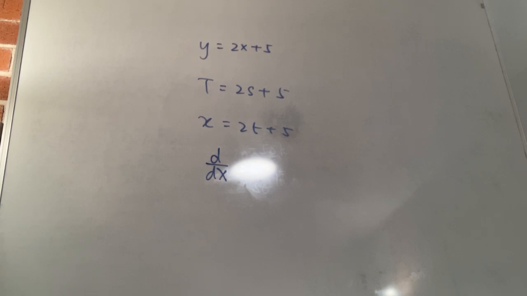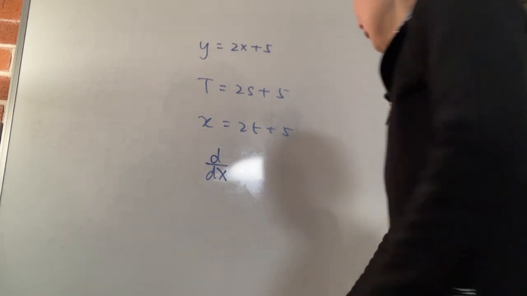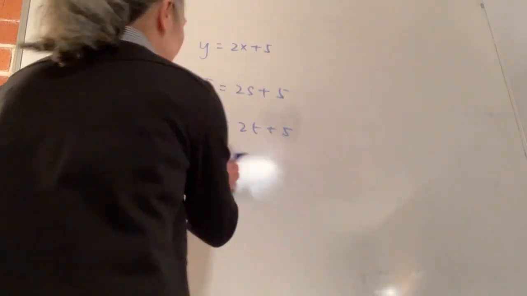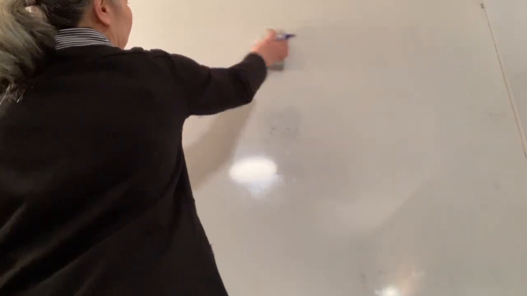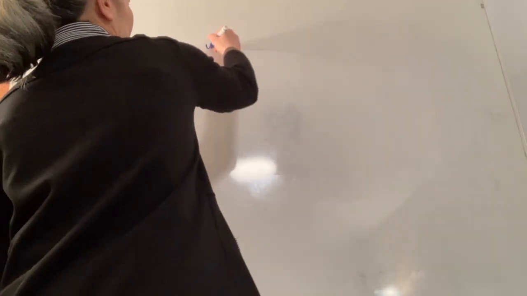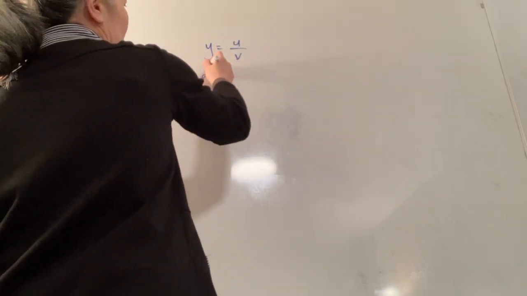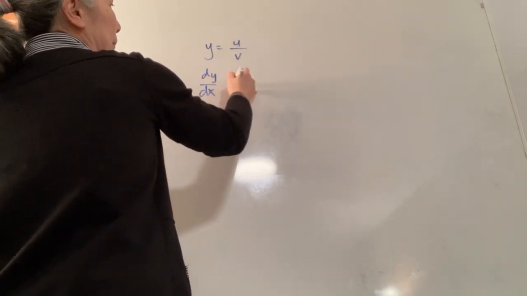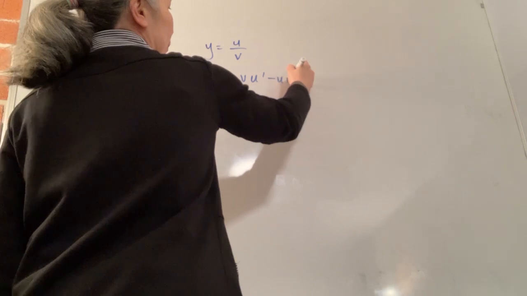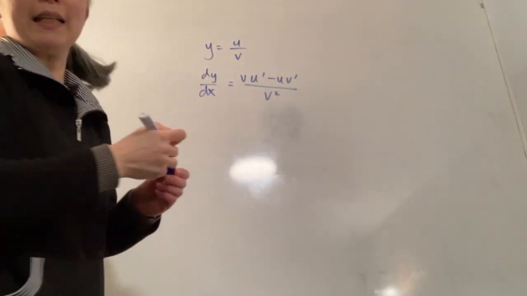And that's next. That is the quotient rule. This is the one where there's a specific way that you have to do it. Was it VU dash minus UV dash over V squared? U is the top one, V is the bottom one.